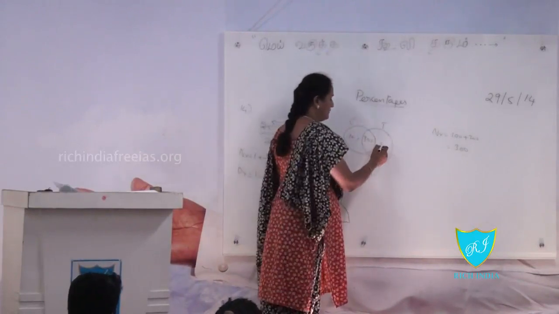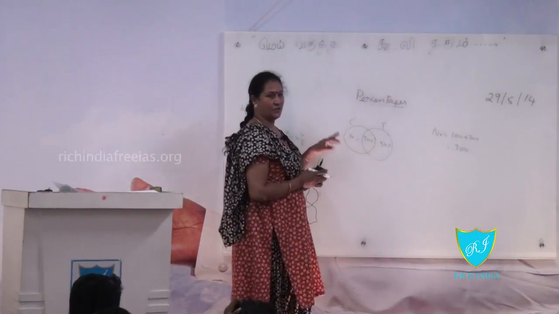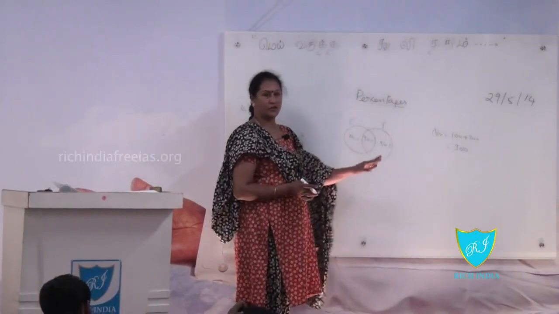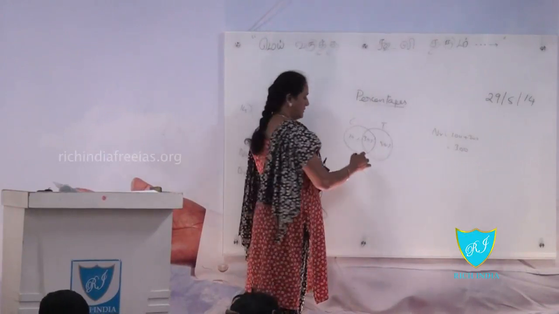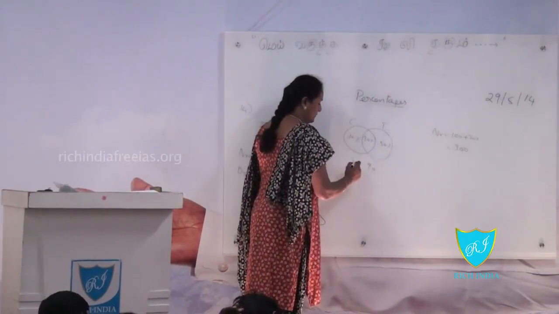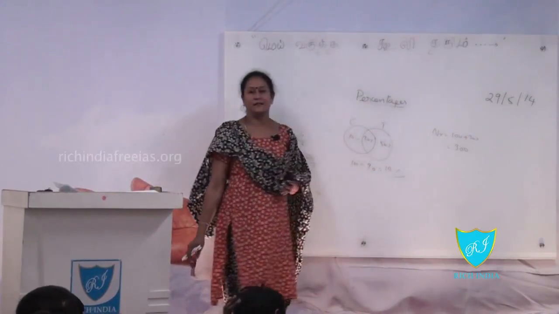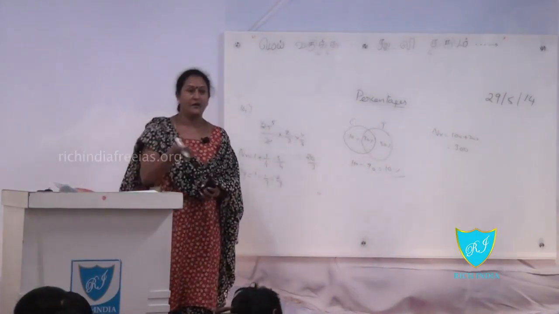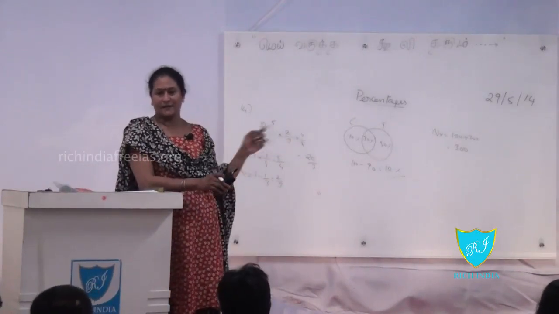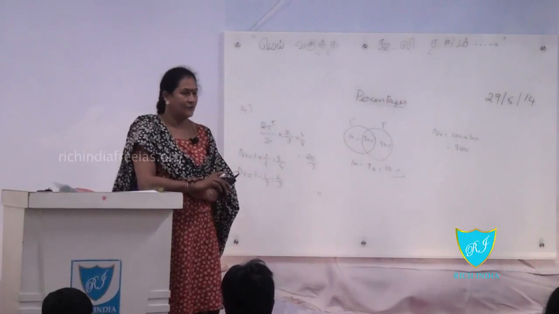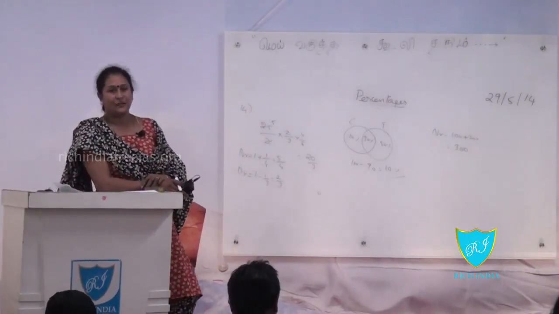Here it is 50. So now 90% of them drink either coffee or tea or both. So who drinks neither? 10%. So this 90 you subtract from 100. So 10% don't drink coffee or tea. You subtract and write there. Okay. Good one.